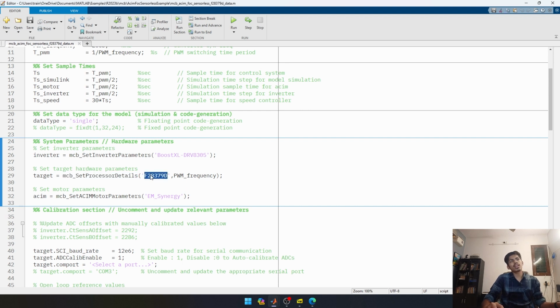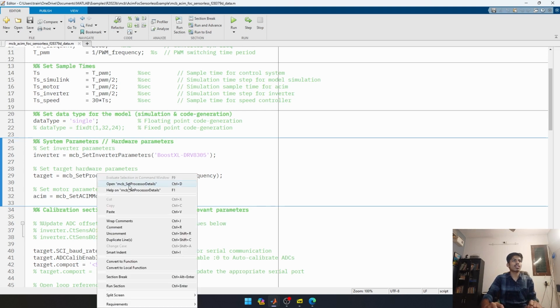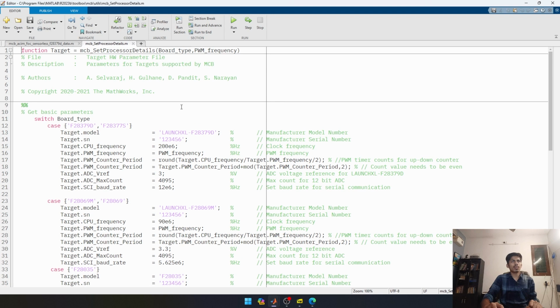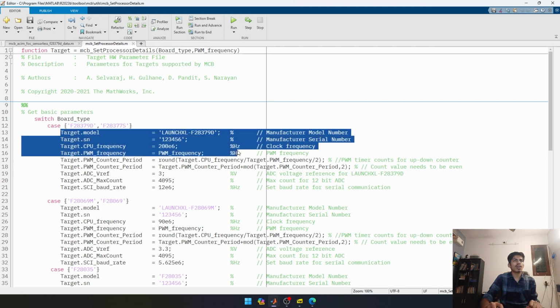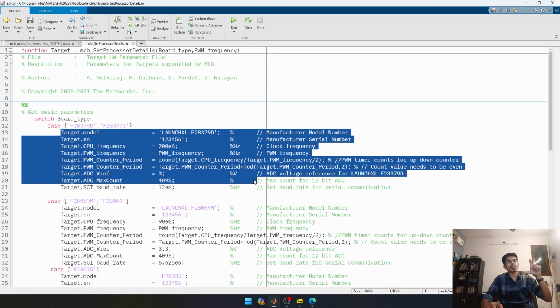We will pass the target hard, this is our launchpad's number. You can right click on that, then select open mcb process detail. Let's open this script. This script is nothing but a function. Since our board is F28379D, they have just hard coded all the values here.